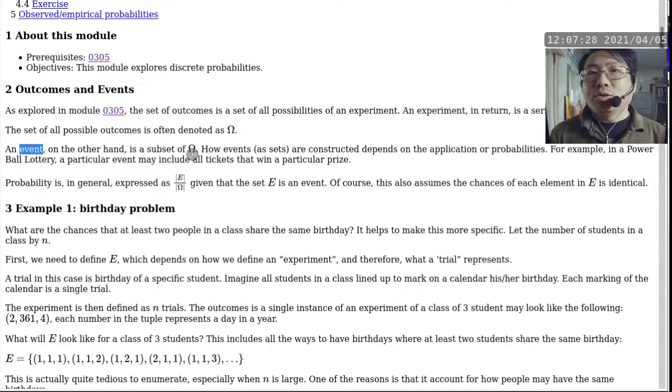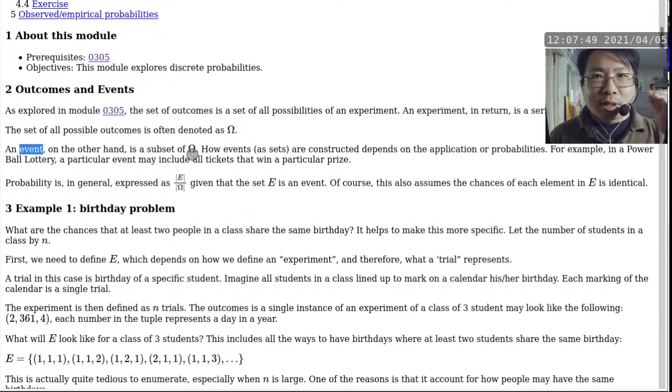This is the sort of thing that I would like you guys to be able to do: not to regurgitate a definition, but to understand the definition enough to apply it. To basically say, oh okay, we're encountering the same terms that we have talked about before.